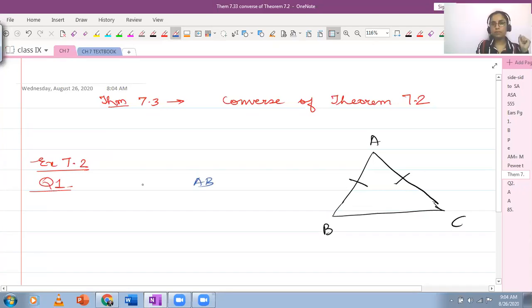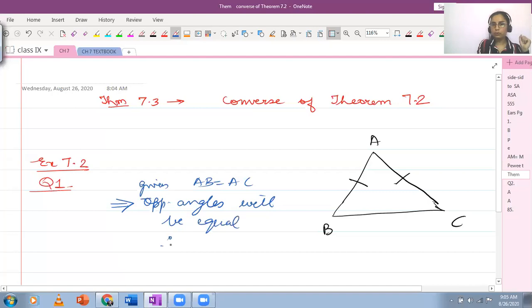So we have been given that AB equals AC. This implies that opposite angles will be equal. So therefore angle B will be equal to angle C. This is theorem 7.2.